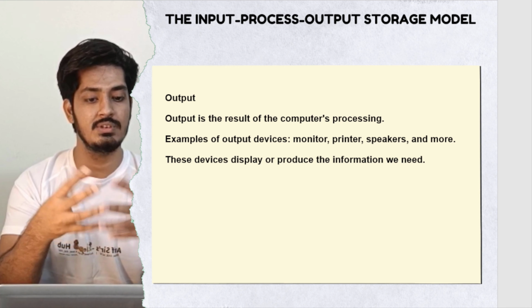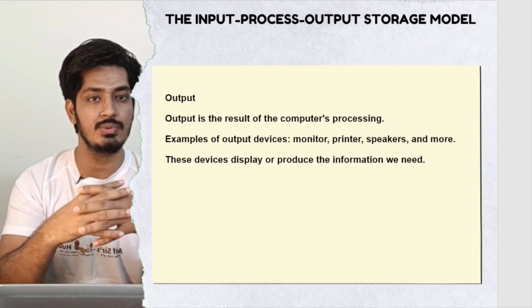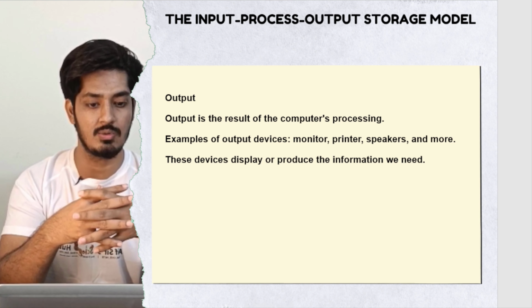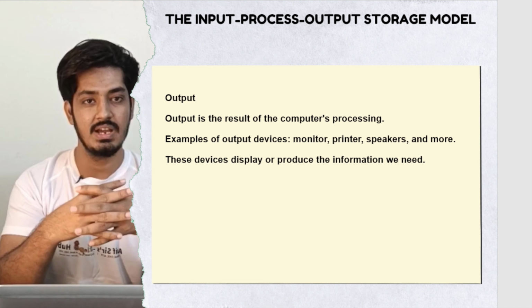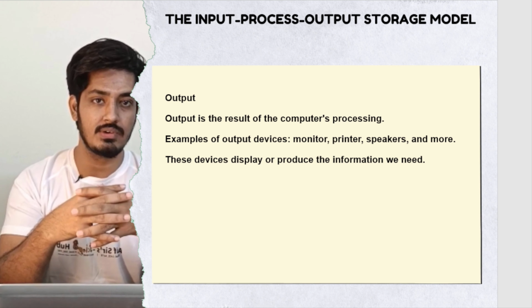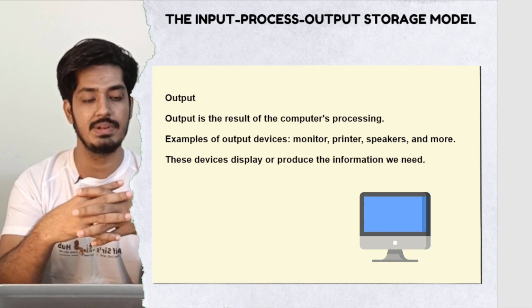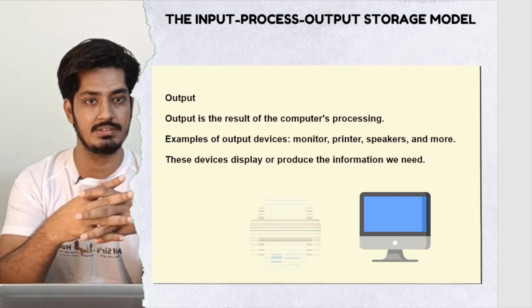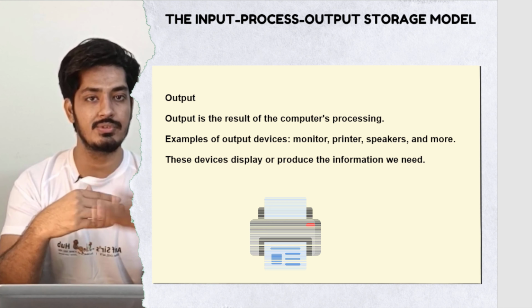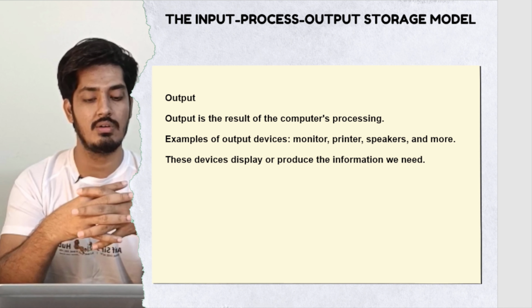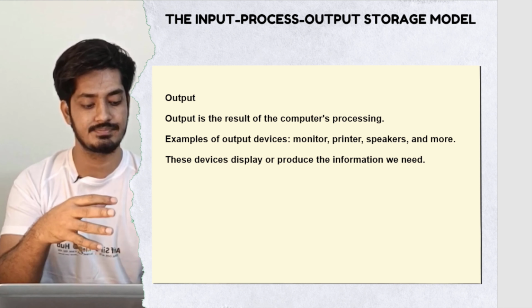When the processing is done, we need an output section or output device to display the output. Output is the result of what the computer processed. Some examples of output devices are the monitor, printer and speakers, and lots of other devices are available. When we give some inputs, the computer processes them, then gives some output over the output devices.